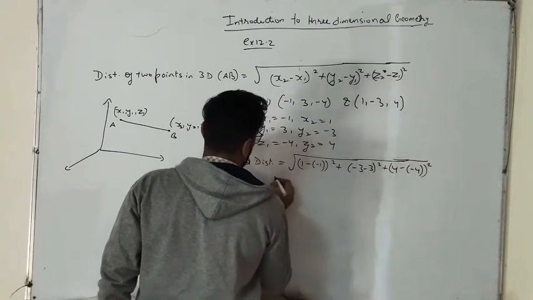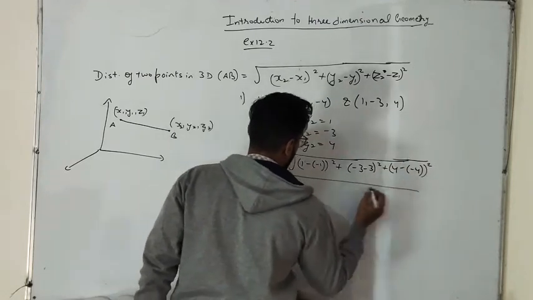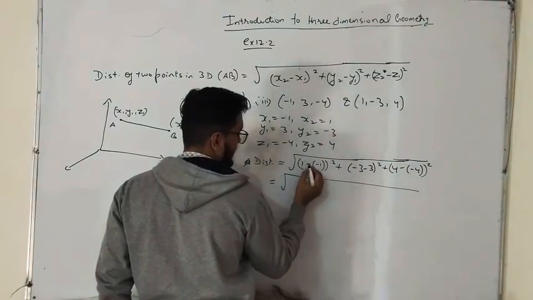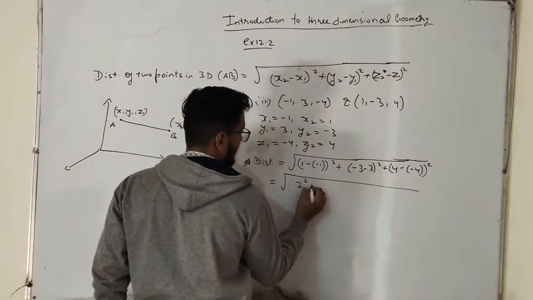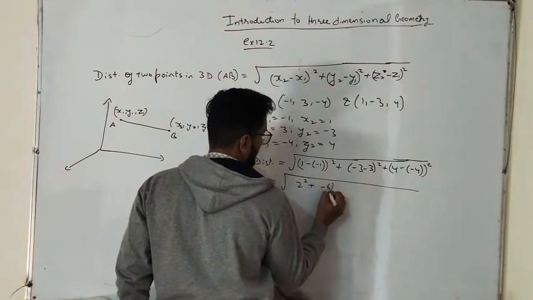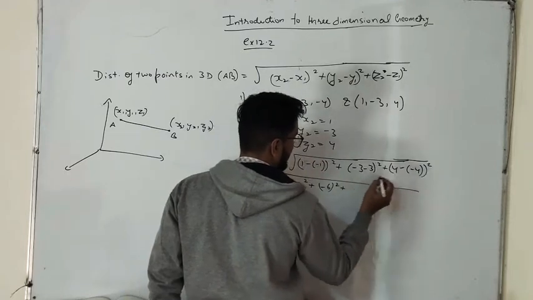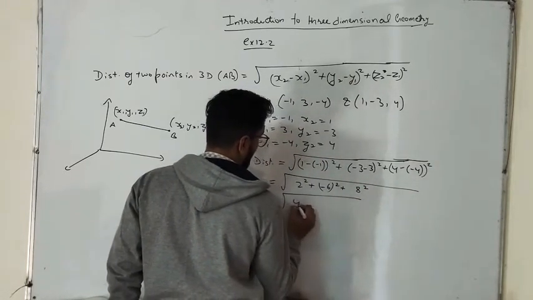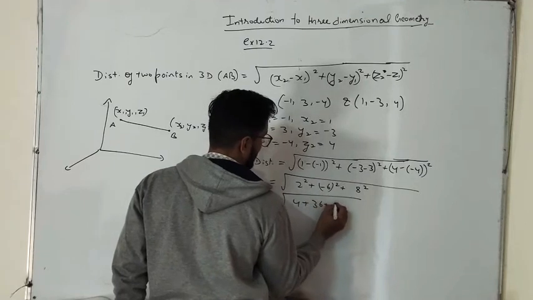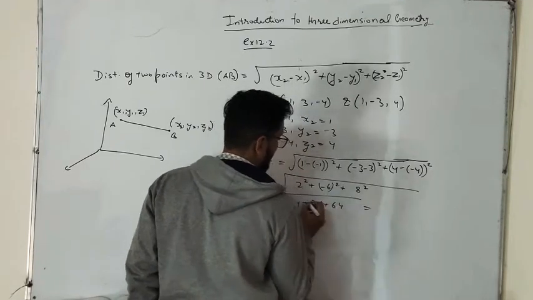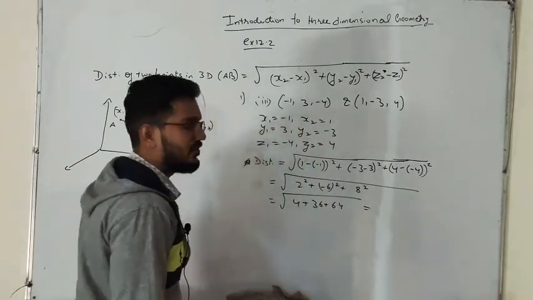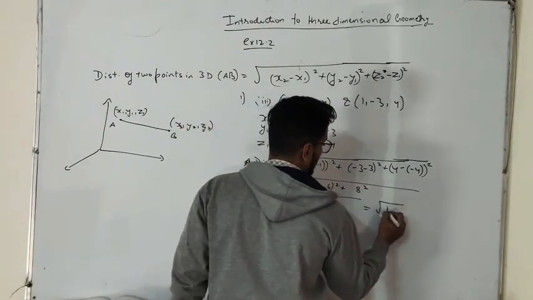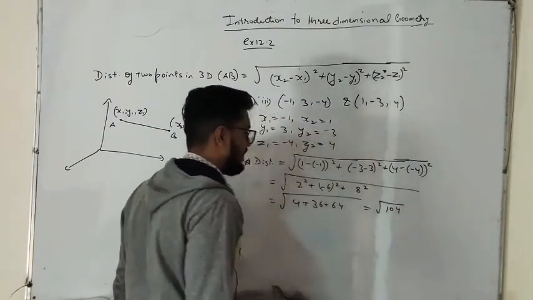So which is equal to the square root of 2 square plus -6 square plus 8 square, which is the square root of 4 plus 36 plus 64. 64 plus 36 is 100, plus 4 is 104. The square root of 104.